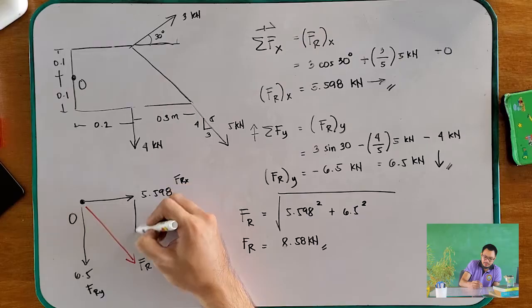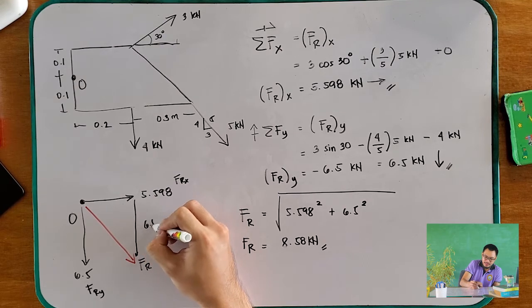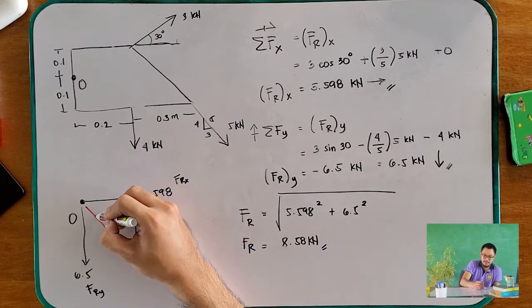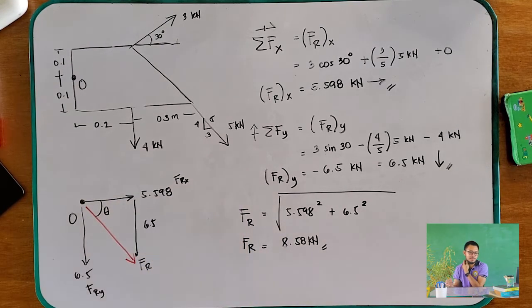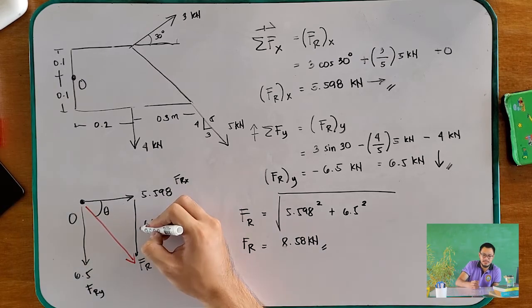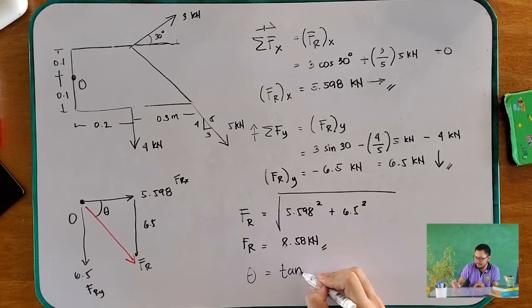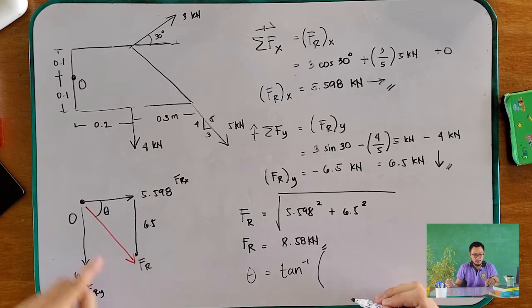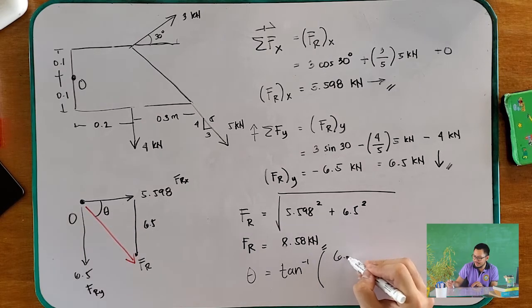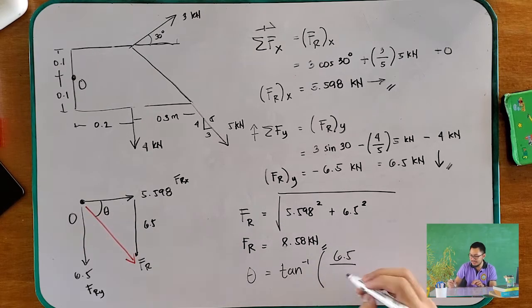And this is not yet a vector because we need the direction. So, how can we determine the direction? We just know that this one is a triangle. This is 6.5, and this is what we are looking for. So, all we have to do is opposite over adjacent. So, theta is equal to inverse tangent of opposite, 6.5, over adjacent, 5.598.